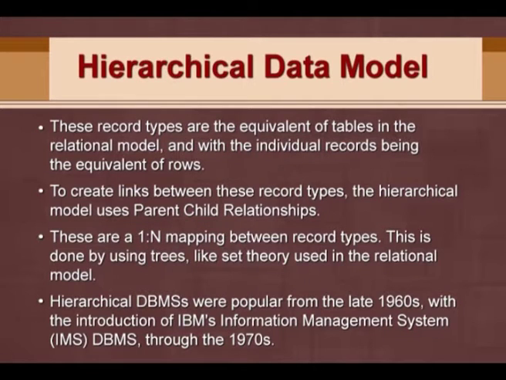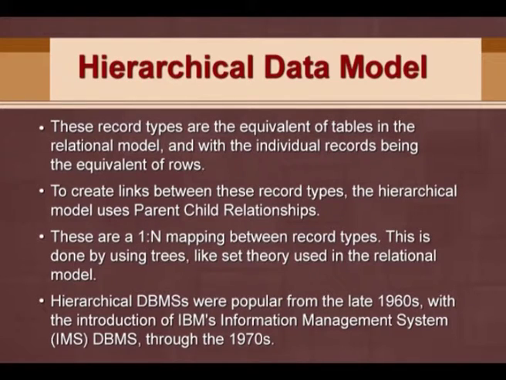These record types are equivalent to tables in the relational model, with the individual records being the equivalent of rows. To create links between these record types, the hierarchical model uses a parent-child relationship. So, suppose you want to create a kind of relationship between the record types, you can create it through the parent-child relationship.